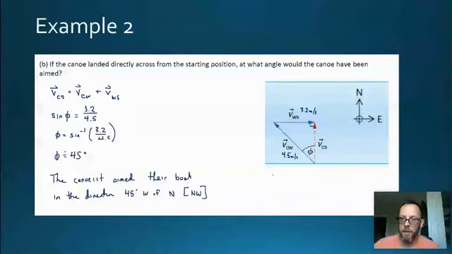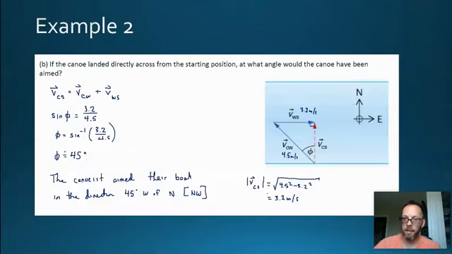Just maybe as a quick aside, if we wanted to find what the actual relative speed of the canoeist with respect to the shore is, we could use the Pythagorean theorem again. Here we would do 4.5 squared minus 3.2 squared. I didn't ask for this, but it might be interesting to do anyway, really quick. Doesn't take too long. And you get about 3.2 meters per second.